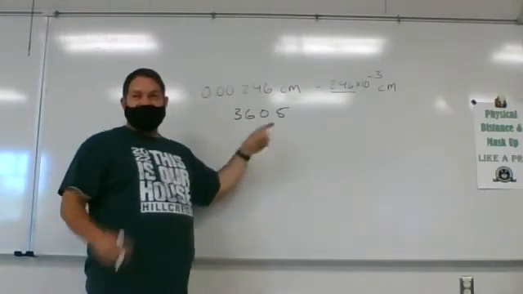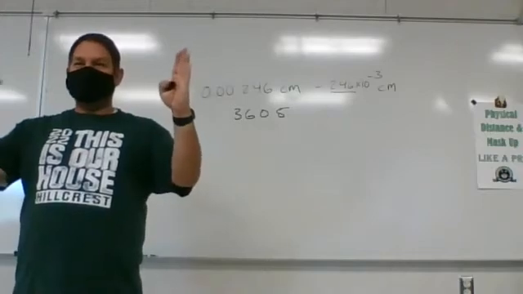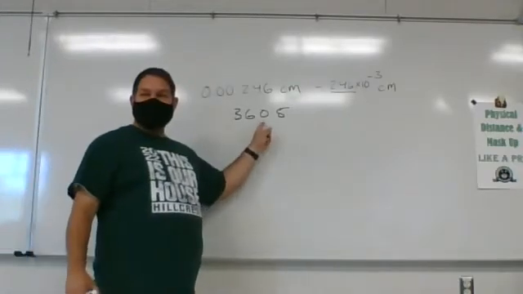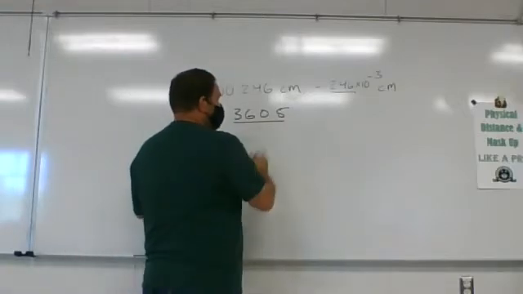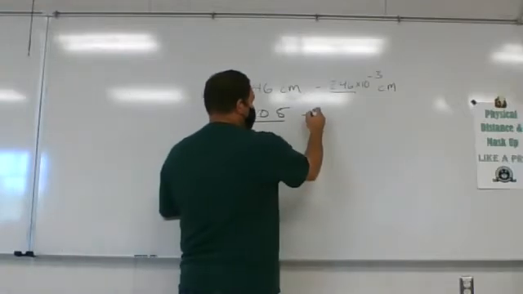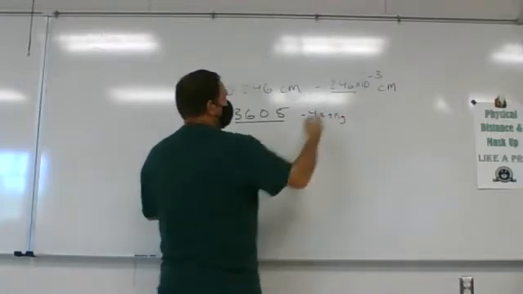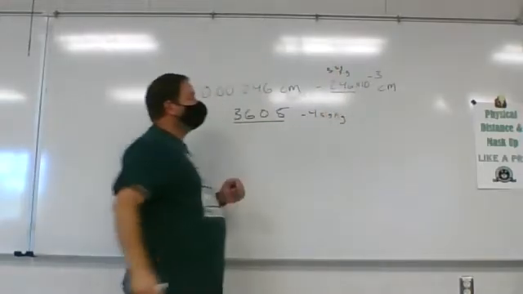Zeros that are sandwiched, I call them sandwich zeros, because they're sandwiched in between non-zero digits, are always significant too. Okay, so all 4 of these are significant, and so you have 4 sig figs here, whereas you only have 3 sig figs here.